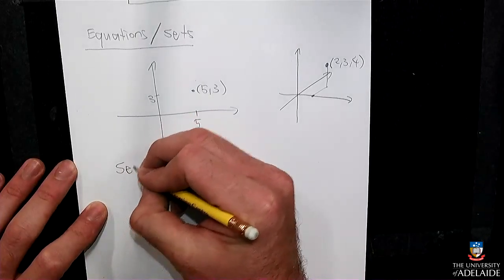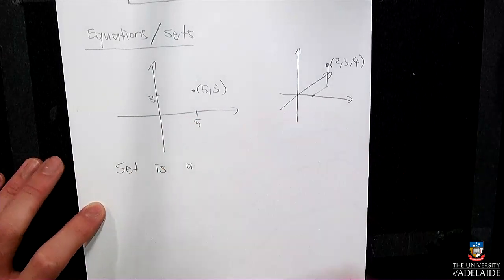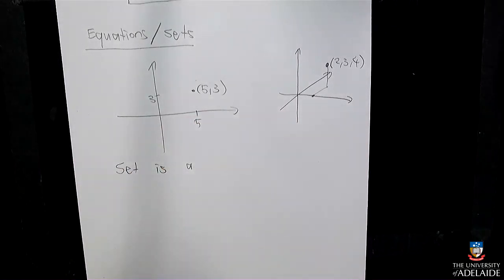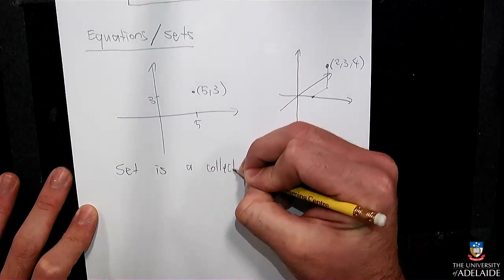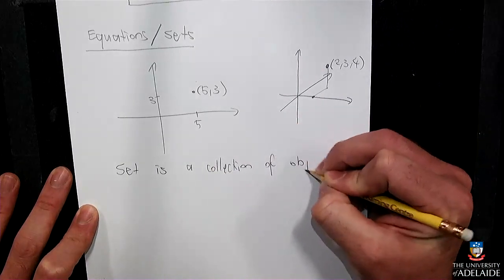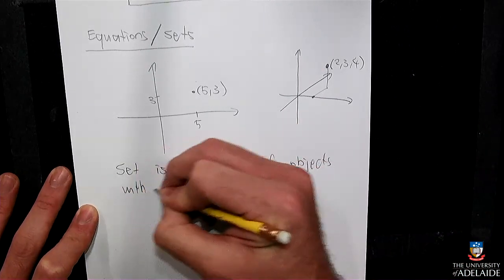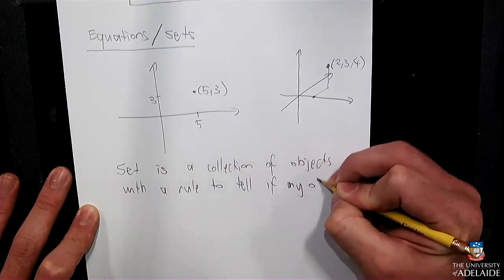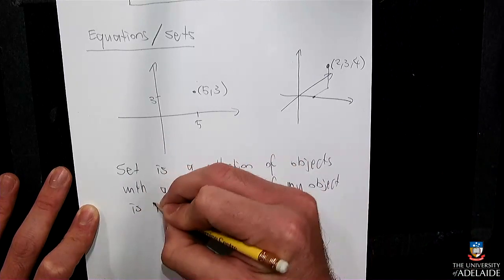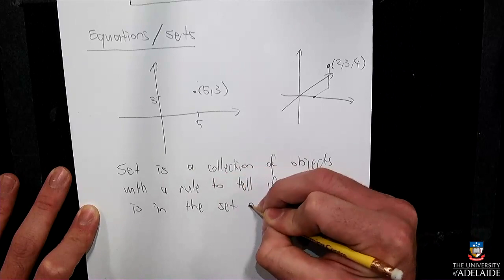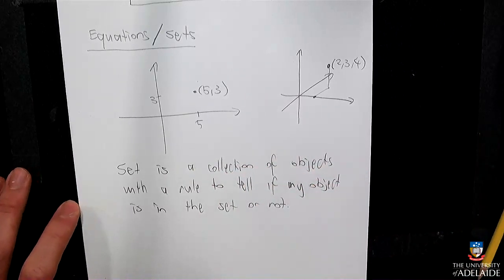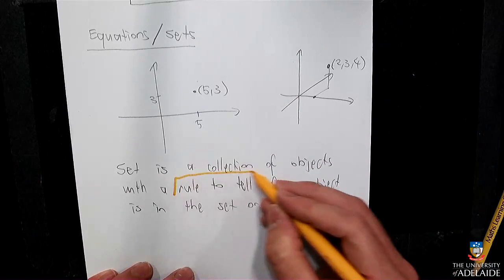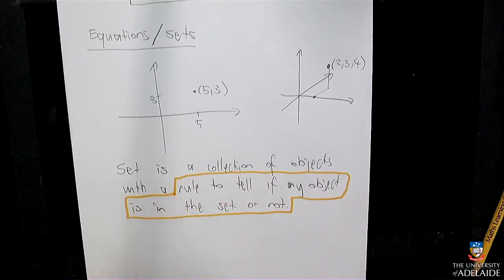A set is, and I need to use another word that also means set, because otherwise I'd use set again, so they usually say collection. It's a collection of objects with a rule to tell if any object is in the set or not. And that bit just there that I said is the most important part of a set. There has to be a rule to decide if an object is in the set or not.